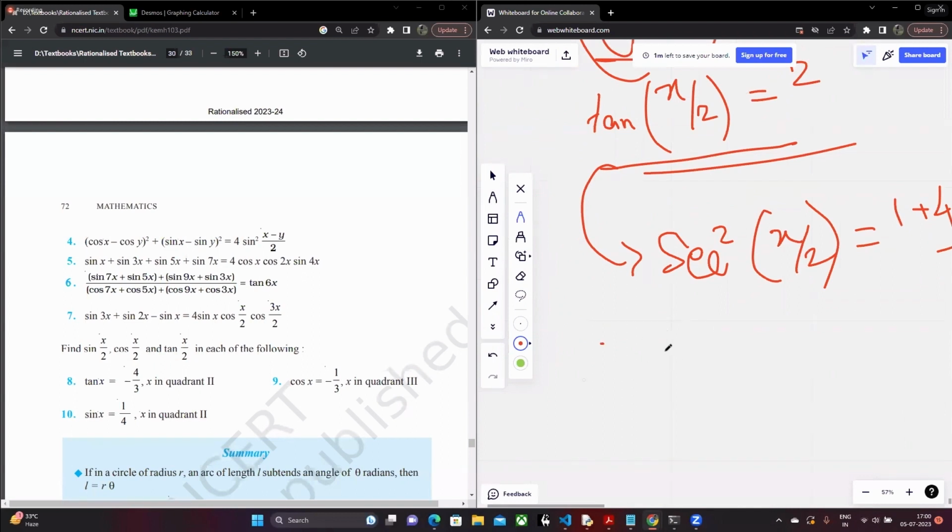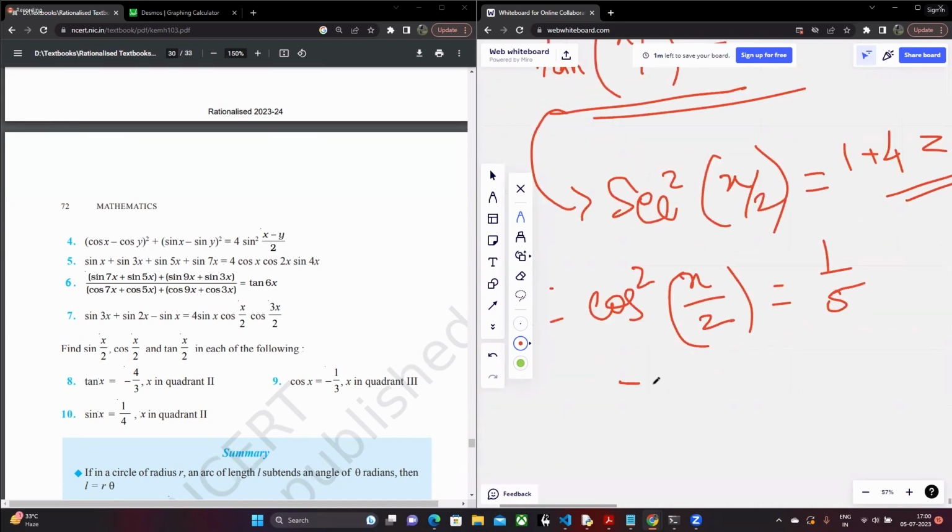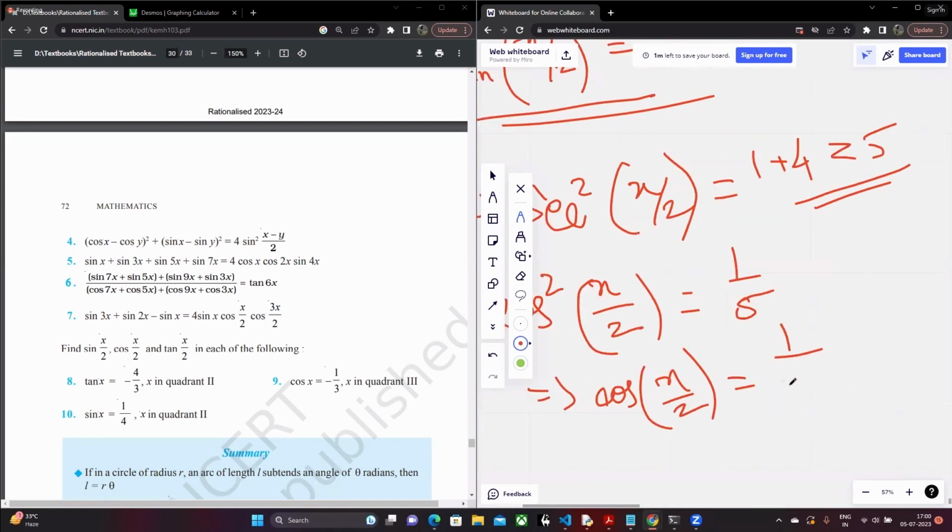Therefore, cos squared x by 2 is going to be equal to 1 by 5, which means that cos of x by 2 is going to be equal to 1 by root 5. Right? Since x by 2 is in the first quadrant, cos of x by 2 is positive, cos x by 2 is 1 by root 5.